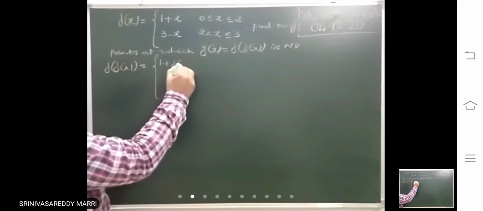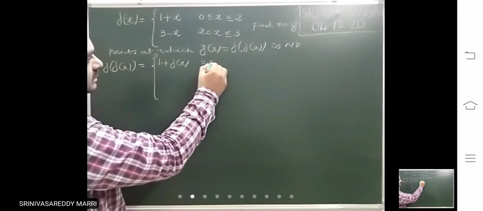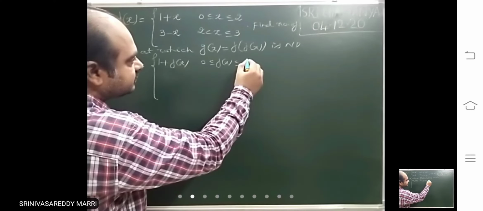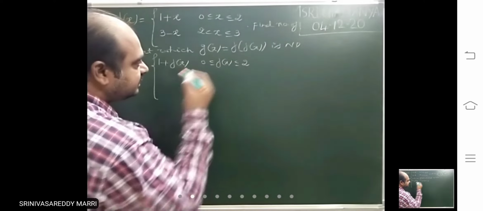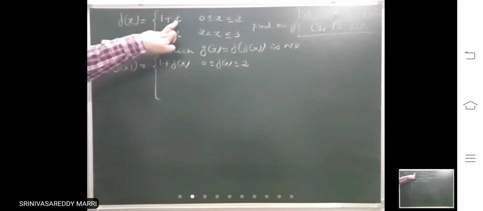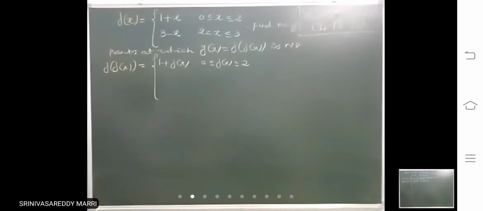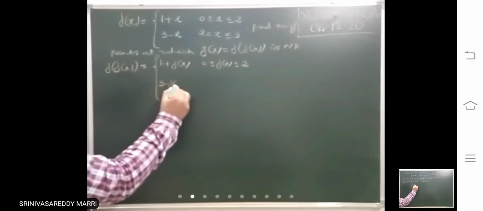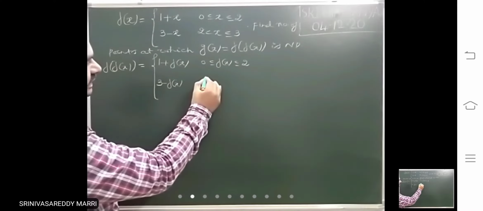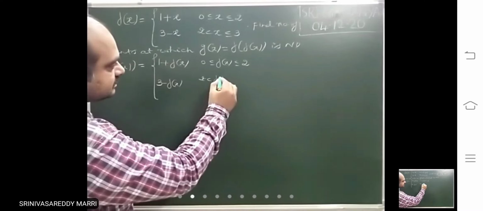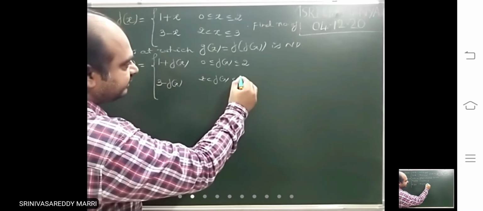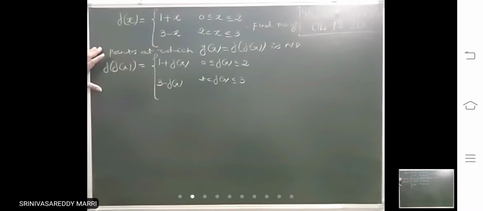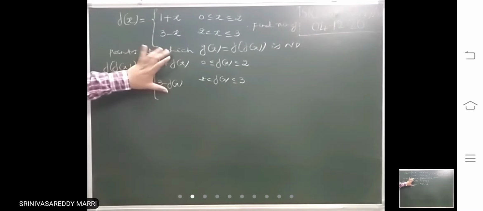So 1 plus f of x, when f of x lies between 0 and 2, right? 1 plus f of x, in place of x you substitute. Then 3 minus f of x, when f of x lies between 2 and 3, right?